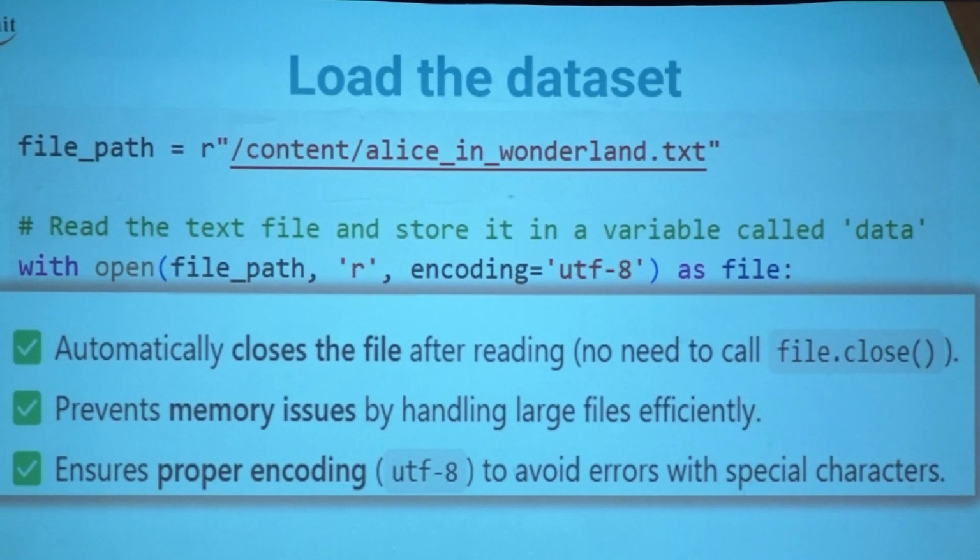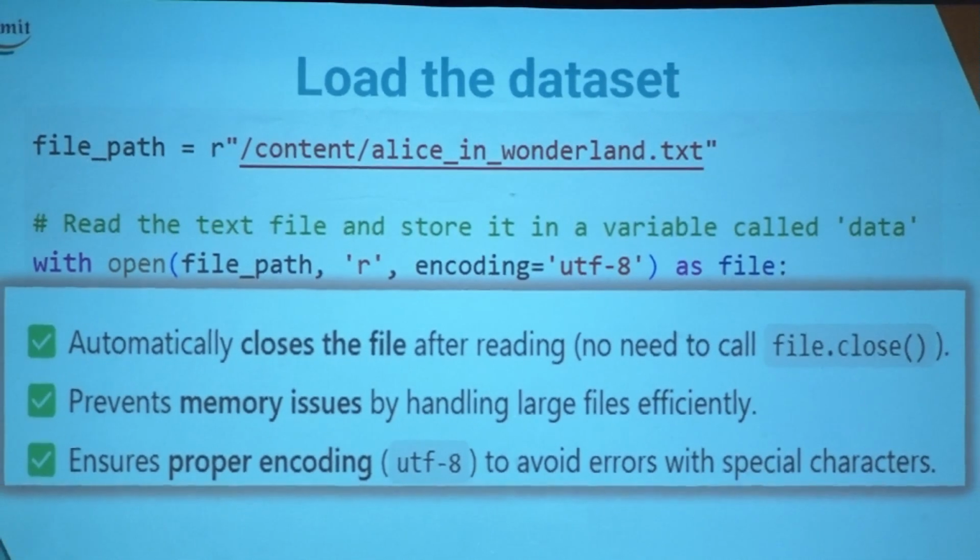Here we are using UTF-8 encoding in order to avoid errors with special characters. Unicode Transformation Format it is called, similar to ASCII. You know what ASCII encoding is. But if you want to avoid errors with some special characters, you go for this type of encoding, which I am choosing here.